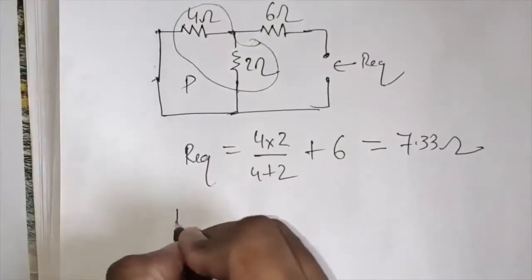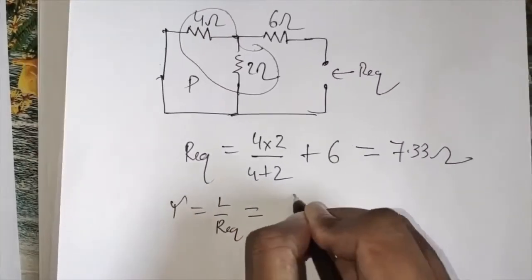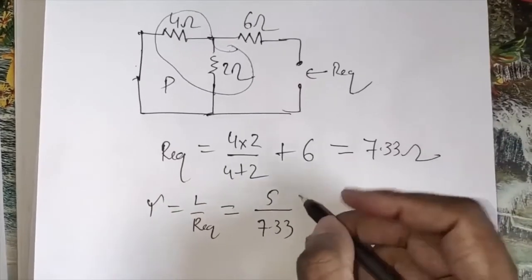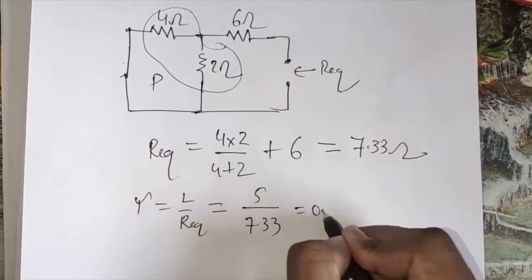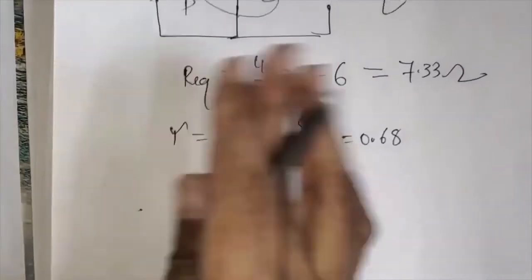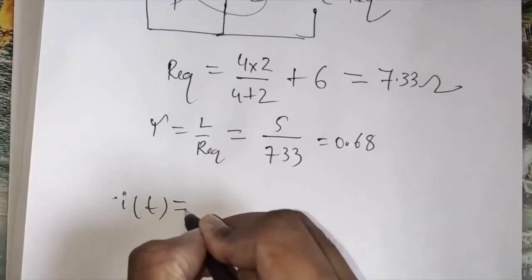So next, tau will be nothing but L by R equivalent, which is 5 by 7.33, which is nothing but 0.68.